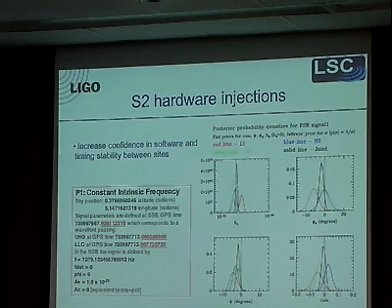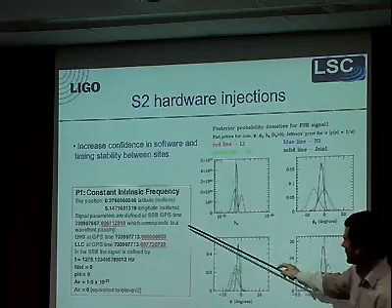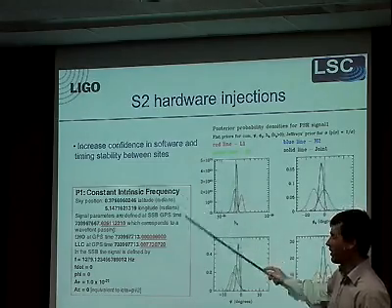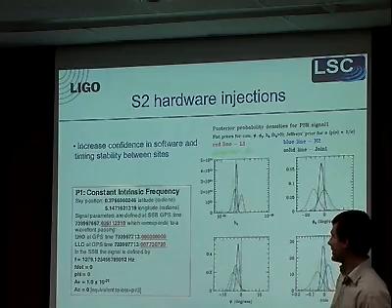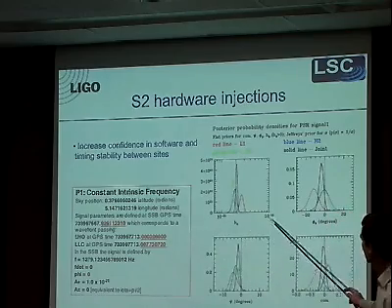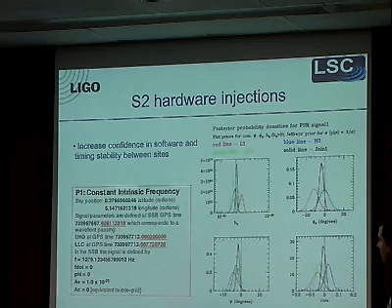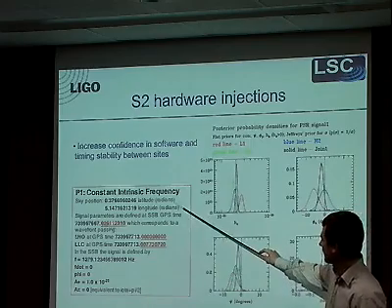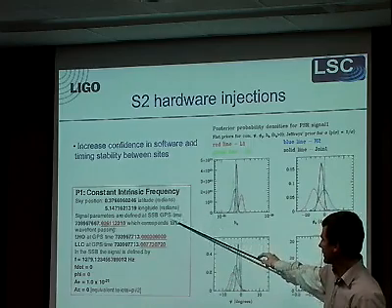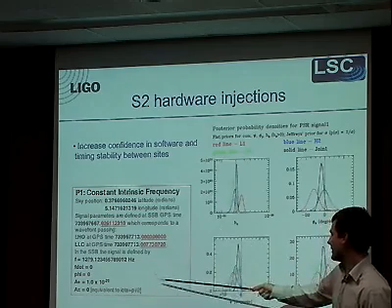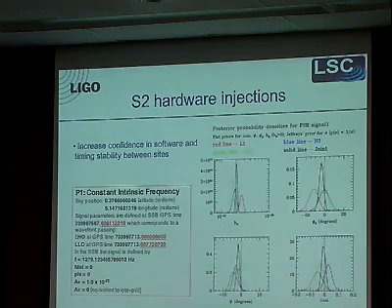So in the S2 hardware injections, we injected two signals, one at constant frequency and another one which was spinning down. Here I'm showing the extracted parameters for the signal at constant frequency, P1. The position parameters are here, and it had a phase of 0 and so on. It was injected at a frequency of 1279 hertz.